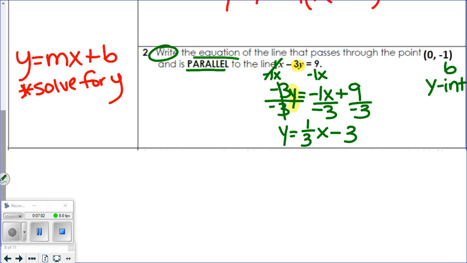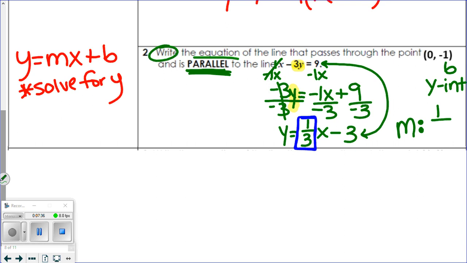Now, this line, this new equation, is our given. So what I'm using this equation for is to determine my slope. What's the m? What's the slope? It's 1/3. Okay, so what is the m, or the slope, of my new line that is parallel to that? Parallel lines have the exact same slopes.